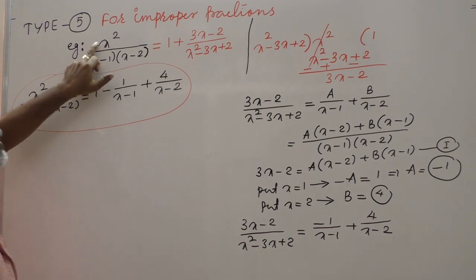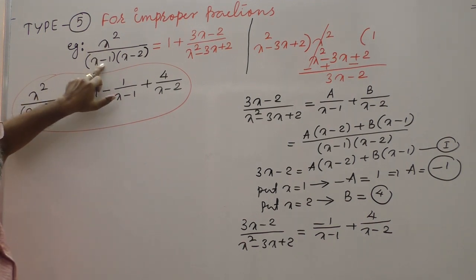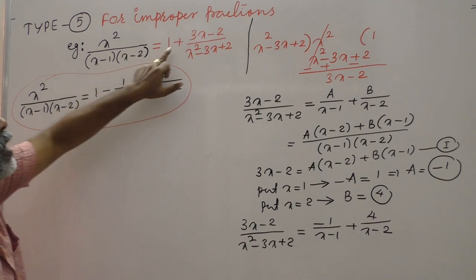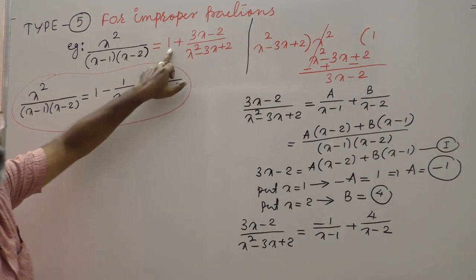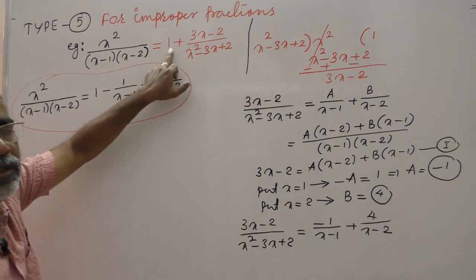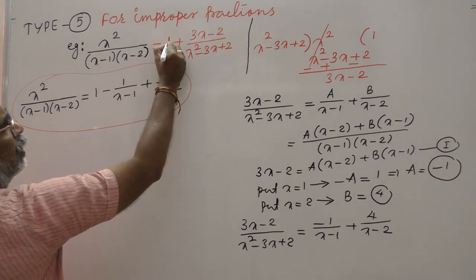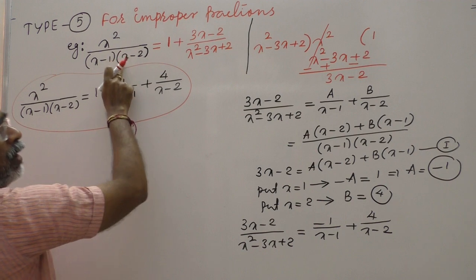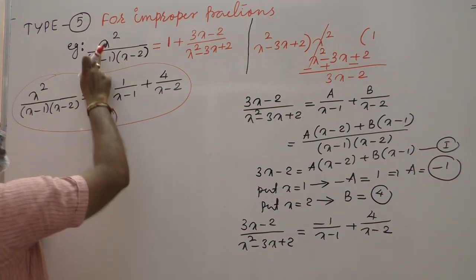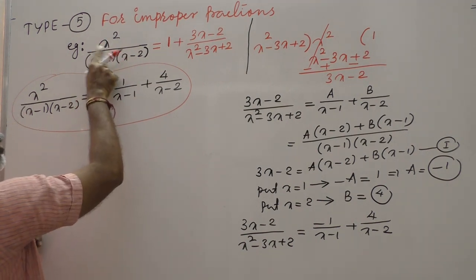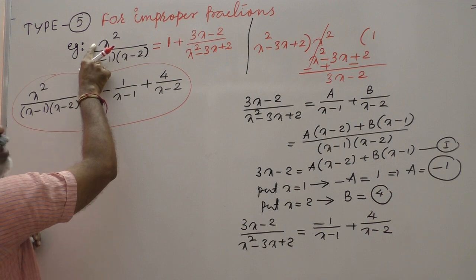One more thing, you please observe this particular problem. Here what is this? It is of equal degree. When equal degree is there, what will be the quotient? 1. Quotient will be a constant. So how to write this quotient directly when equal degree cases? Here the highest term is x square, no? Here x square coefficient is 1.